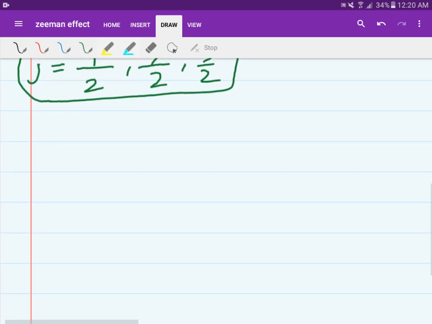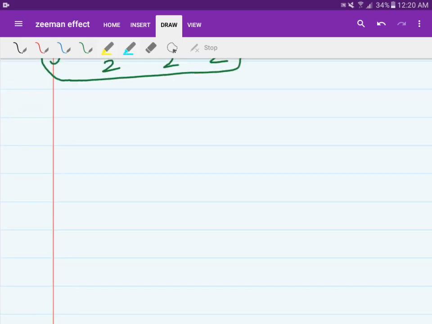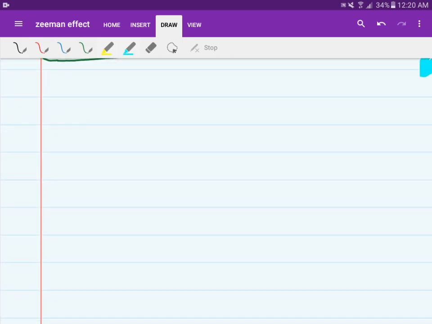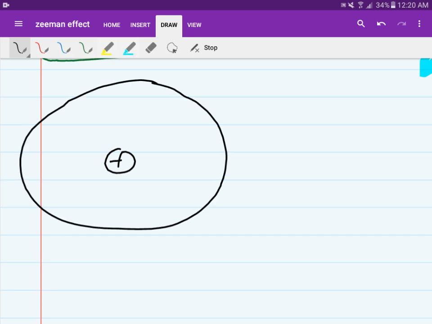So this is just a motivation. They could not understand why. Forgive me for the analogy of the electron spinning, but we don't actually have a picture of how electrons behave in an atom.